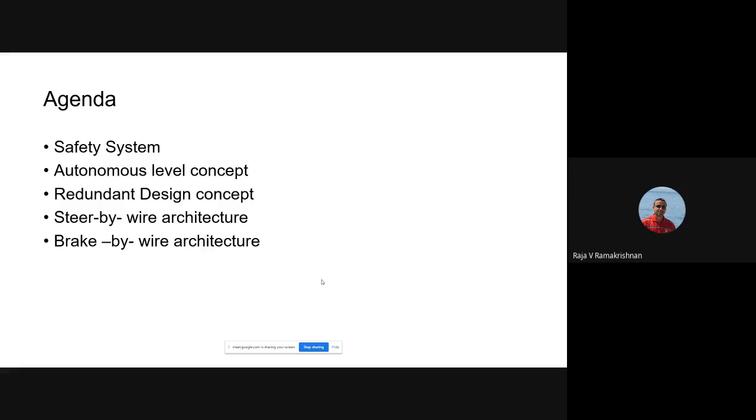At the end of the presentation, we'll show various design concepts available. We'll also go about the future trends in automotive architecture, which is steer by wire and brake by wire, for example. We'll touch those architecture concepts, and what changes from a controls perspective as well as from a design perspective, and why it is useful. That's the main concept here.